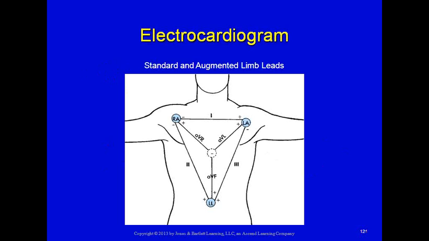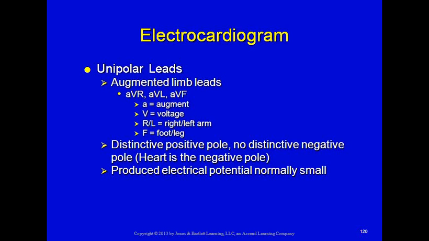So they have to identify the fact that the electrical activity that you're seeing in AVR, AVL, AVF is in fact augmented. AVR, if we go back to that slide, AVR is augmented voltage right arm, AVL is augmented voltage left arm, and AVF is augmented voltage foot.